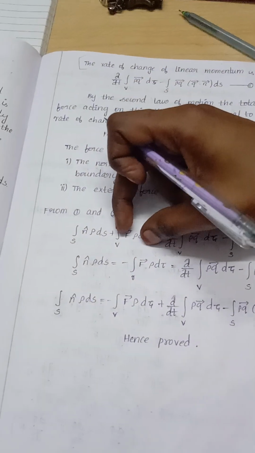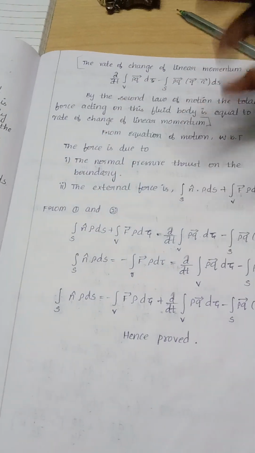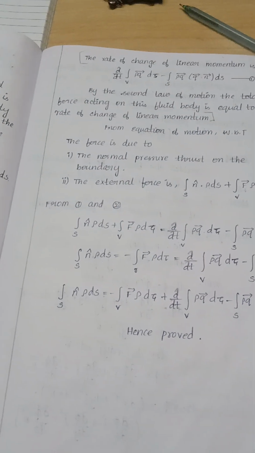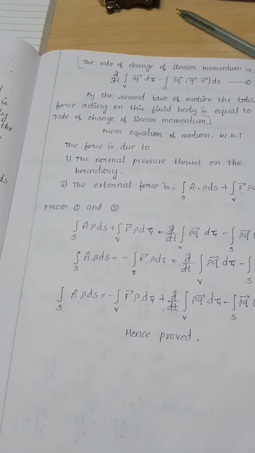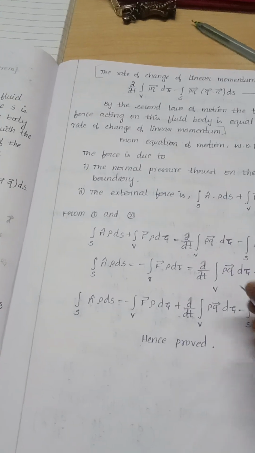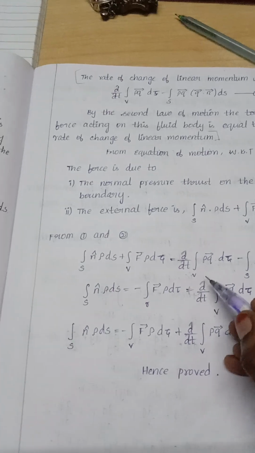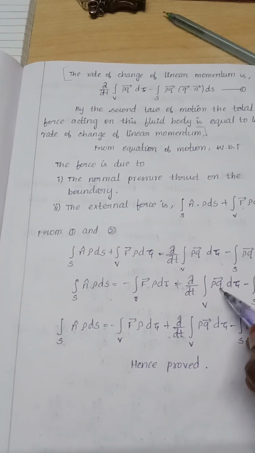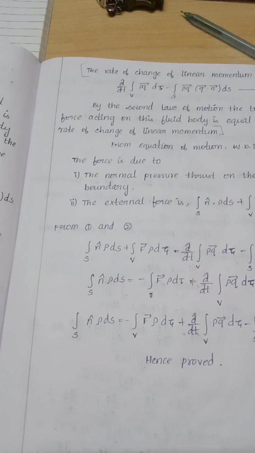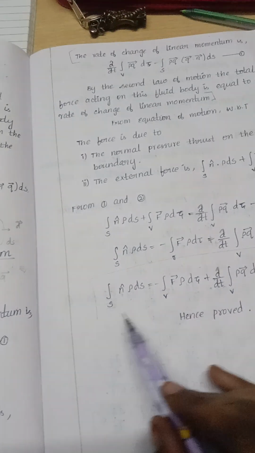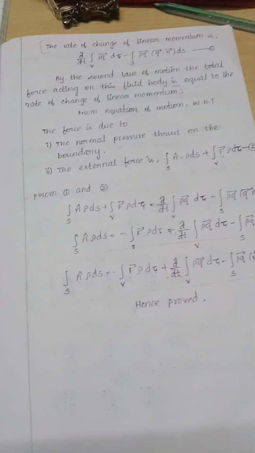So taking this to the right hand side, we get the integral over S of n cap p dS equal to minus the integral of F vector ρ dτ plus ∂/∂t of the integral over V of ρ q vector dτ minus this term. So we have to prove this as Euler's momentum form.